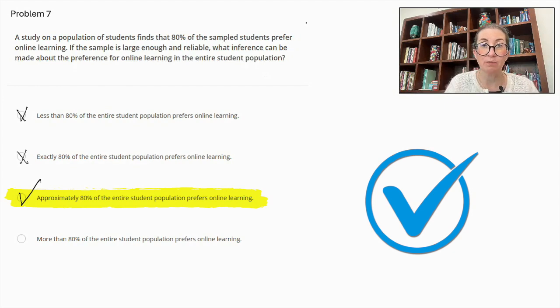More than 80% prefers online learning, unjustified without evidence of underrepresentation in the sample, contradicting the reliable findings, thus stating that approximately 80% of the population prefers online learning is the most statistically sound and cautious conclusion, reflecting typical practices in inferential statistics where outcomes are interpreted as estimates within confidence intervals. So approximately 80% is the correct answer.